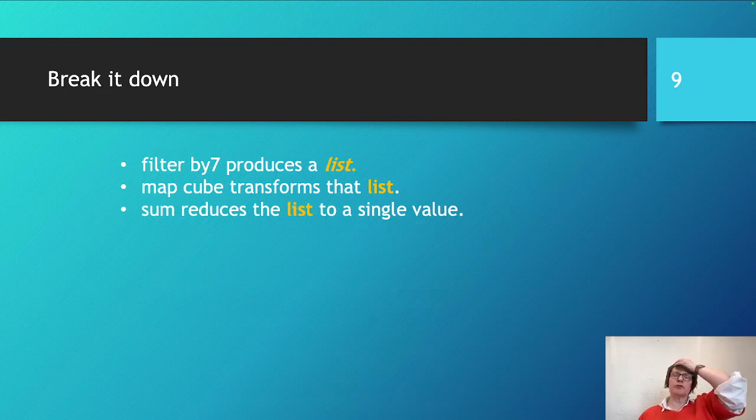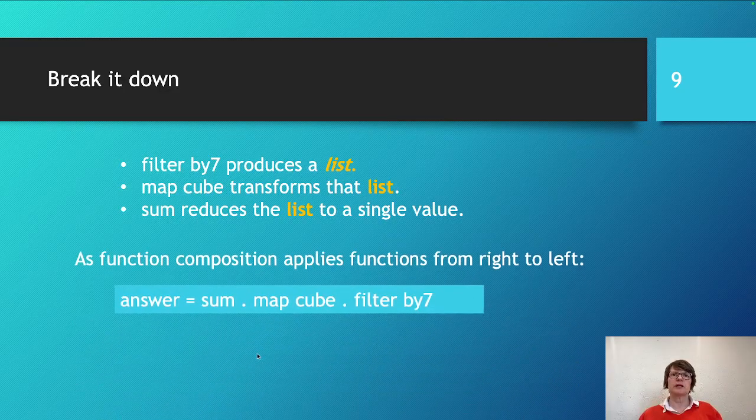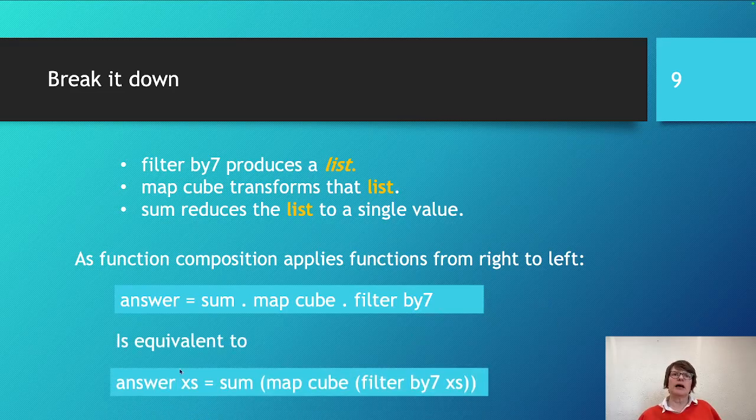Map cube transforms that list using the function cube to change each element of that list, and sum takes that list and reduces it to a single value. As function composition applies functions from right to left, that's the same as that.